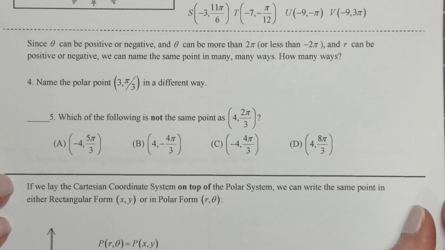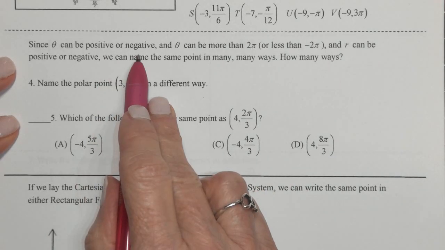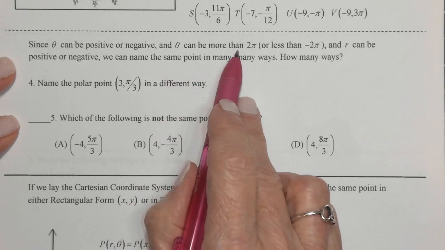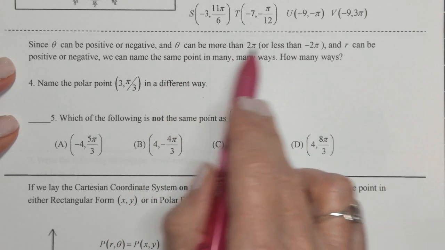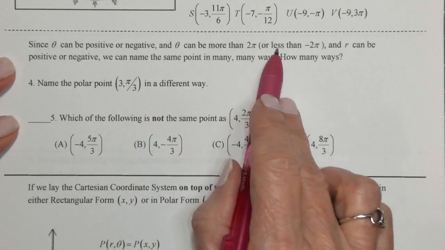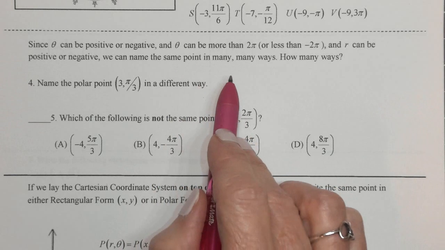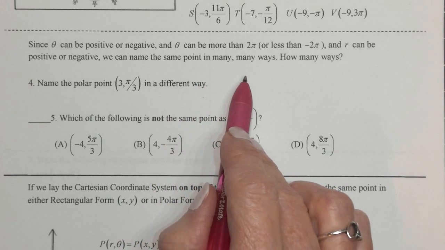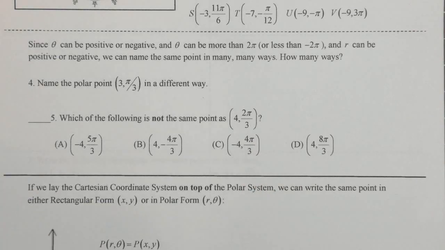All right, since theta can be positive or negative, and theta can also be more than 2 pi or less than negative 2 pi, and r can be positive or negative, we can name the same polar point in many, many ways. Many different polar coordinates name the same point.